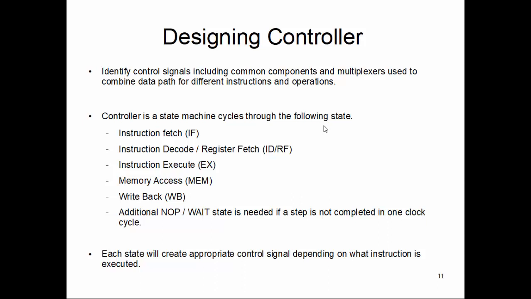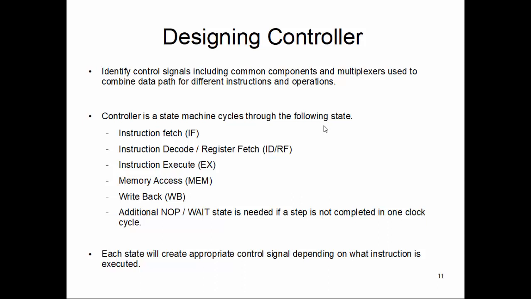Let's say we are attaching a memory which takes more than one cycle to complete its operation. Then during the instruction fetch and memory stages, we can have a wait.